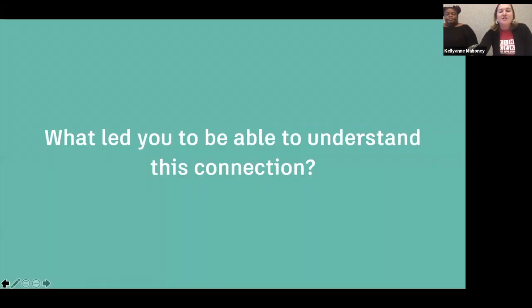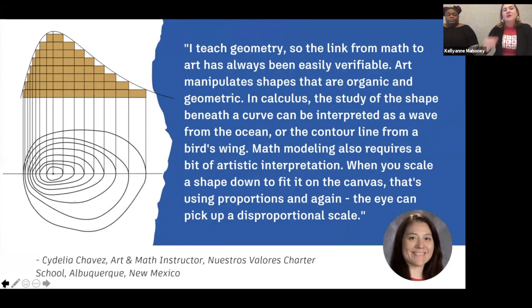I also asked her, what led you to be able to understand this connection between math and art? And she started talking about geometry and also a little bit about calculus and contour curves. She talked about the connection when you're doing calculus and the study of a contour curve.